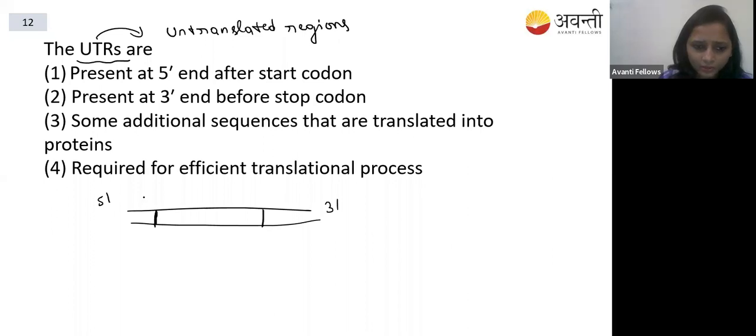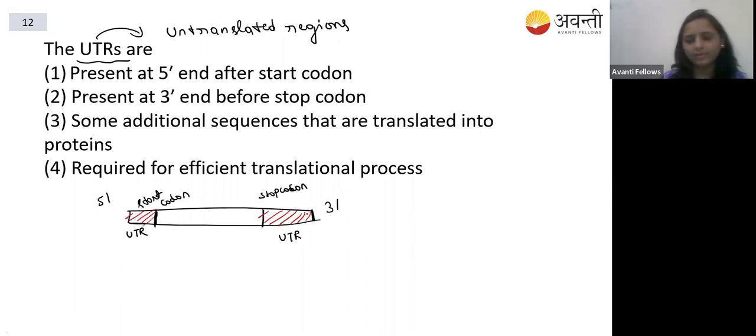The start codon is here and the stop codon is here. Here you can see the UTR region, on the 5' side, and on the 3' side you can also see the untranslated region.